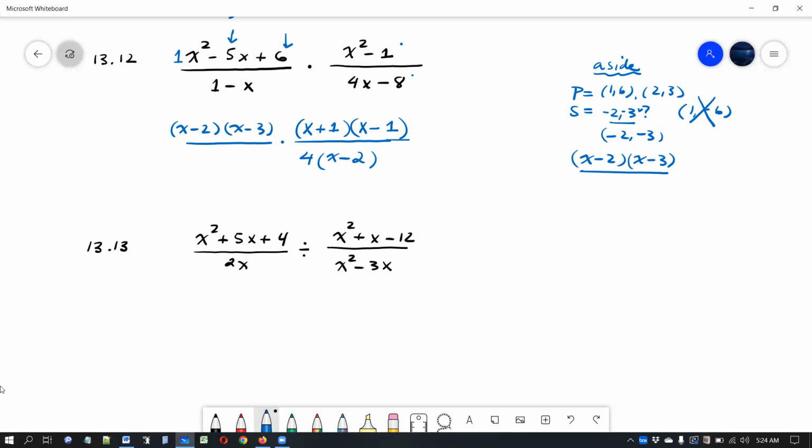And you can check if you want by FOILing. Okay, we're not going to do it here, but you can see x squared, and x times -3 minus 3x, minus 2 times x, minus 2x, combined gives you a -5, and -2 times -3 is +6. So that checks.